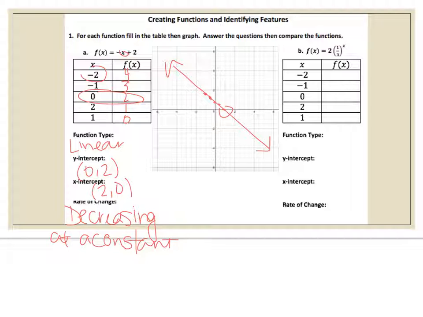So now we're going to do the same thing for function B on this side. This again is one where you're going to get some weird numbers. So I'm going to do 2 times 1/3 to the -2nd power, and that's going to give me 18. Do the same thing to the -1 power to give me 6.